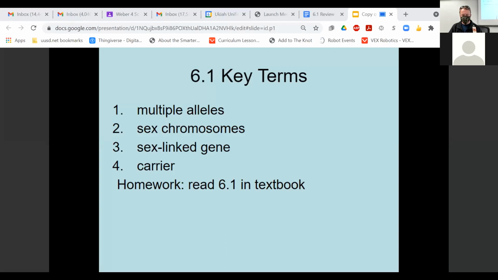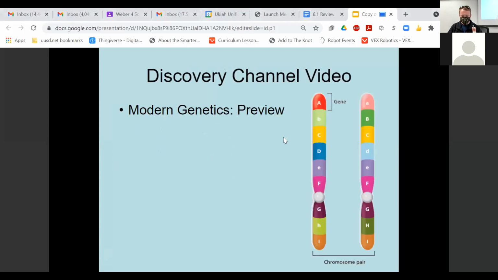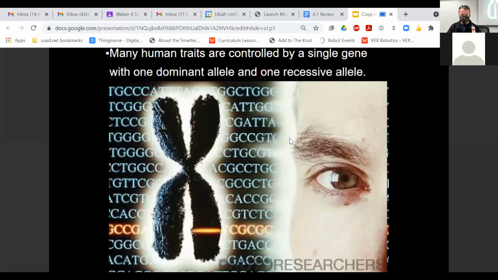Okay, so 6.1, we're going to be covering multiple alleles, sex chromosomes, sex-linked genes, and carriers. Many human traits are controlled by a single gene with one dominant allele and one recessive allele. We've already covered that.